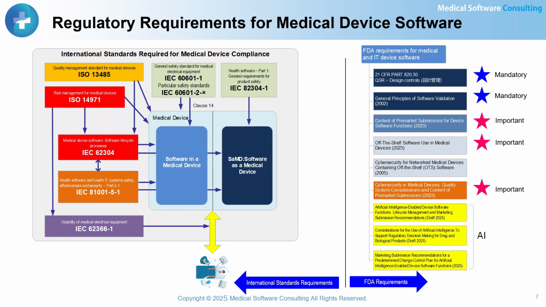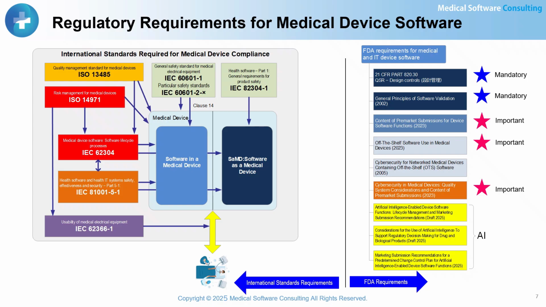In addition, IEC 60601 provides general and particular safety standards for medical electrical equipment, while IEC 82304-1 covers health software and product safety. At the center, the diagram shows how these standards apply to software in a medical device, as well as standalone software that functions as a medical device, known as SAMD.